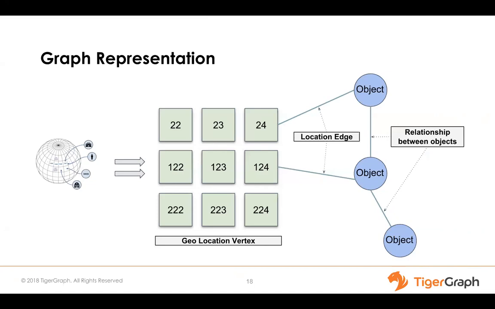Your graph can also have the typical relationships between your objects, like friendship relationships or transactions. You can have anything else with the graph. It's all an integrated graph with the geolocation vertices and all other relationships.